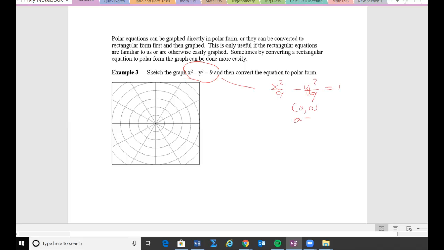We've got a equals 3 and b equals 3. So let me see. Let's say that these are 2 apiece. So we'll come out 3 in this direction and 3 in this direction.